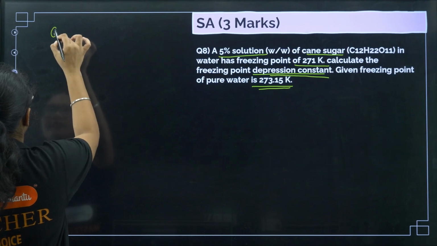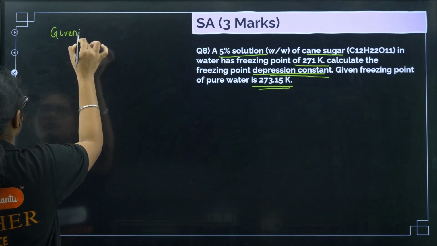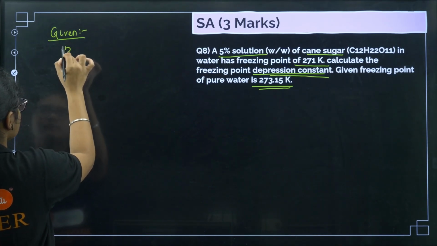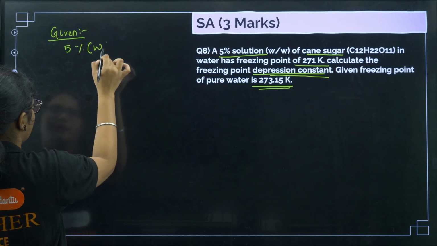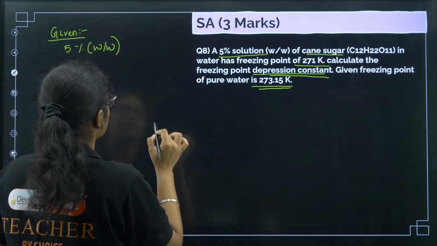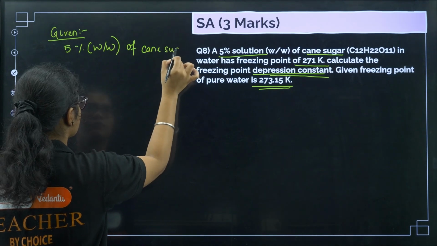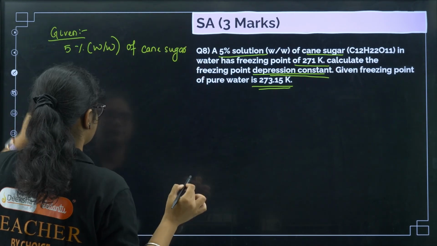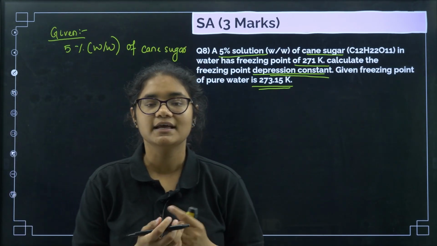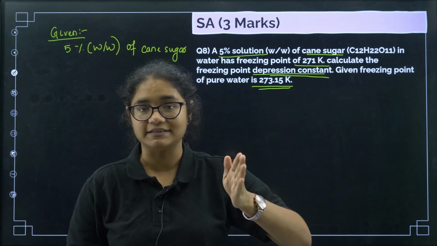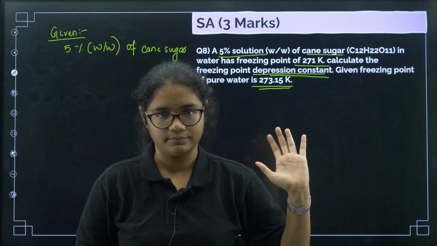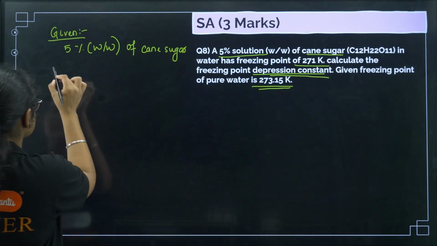First we'll write the given data. Okay, what is given data here? 5% W by W of cane sugar. Now what do you mean by this one? 5% W by W means 5 gram of solute is present in 100 gram of solution. Okay, so what does this imply?